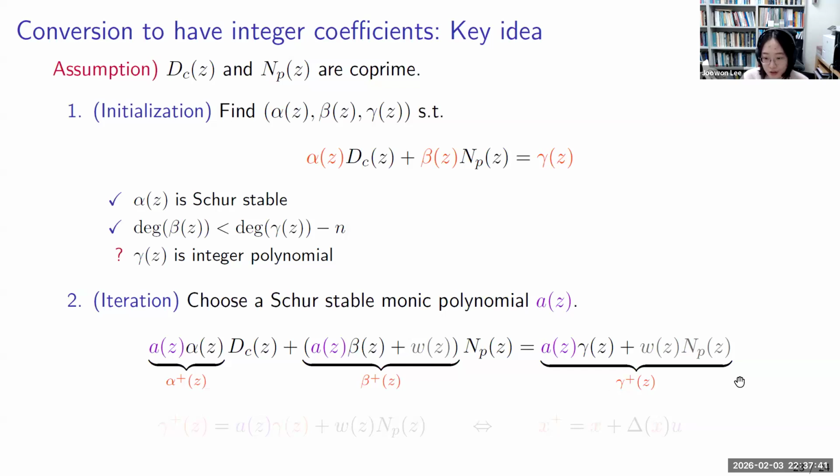Having a closer look at this update of gamma, which is rewritten here, we can also express this polynomial update by the dynamic system we have previously shown. And then the remainder is just the same.